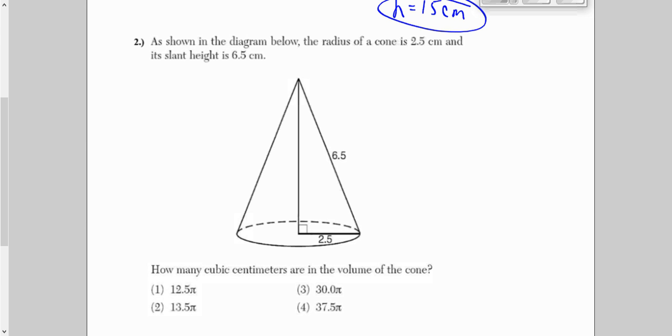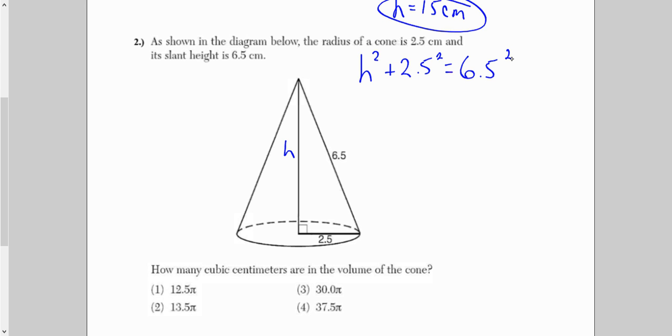So if this is our height, all right, would it be h squared plus 2.5 squared equals 6.5 squared? The hypotenuse is always the one by itself in that Pythagorean theorem, right? So h squared plus 2.5 squared equals 6.5 squared.